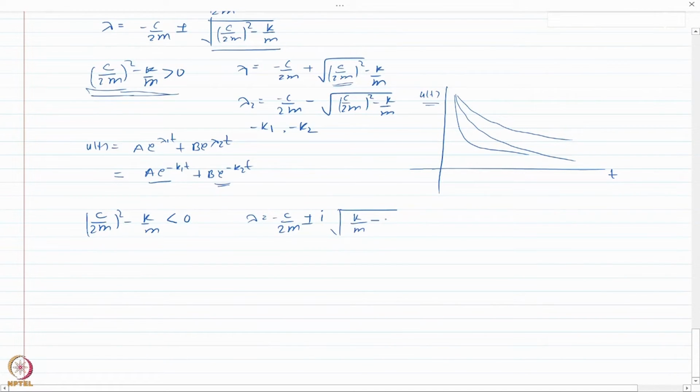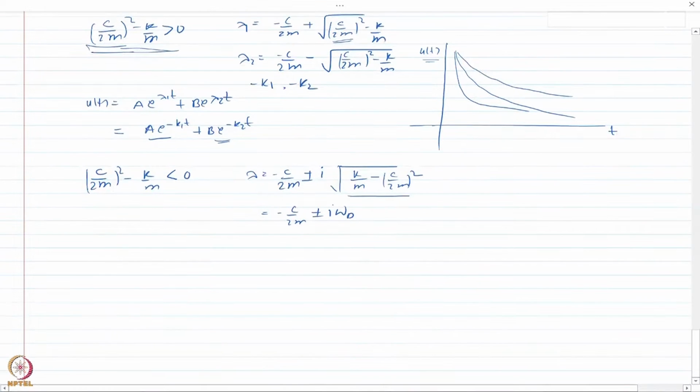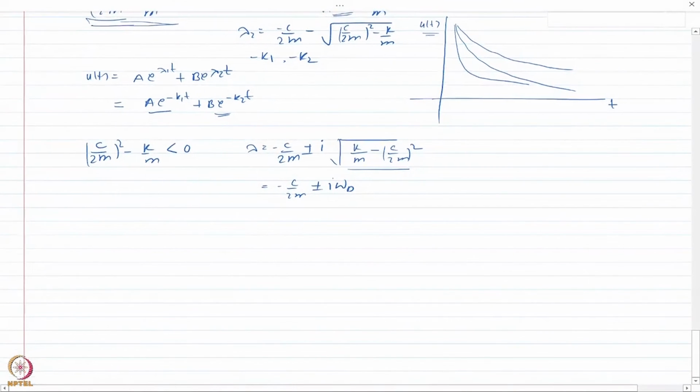Once I take minus 1 out and get i, I know that this is positive. Let us represent it with another constant, so this is minus c by 2m plus minus i omega d. We'll see the physical significance of omega d later, but for the time being, assume that this quantity is represented by another constant omega d, where omega d is a positive, real quantity.